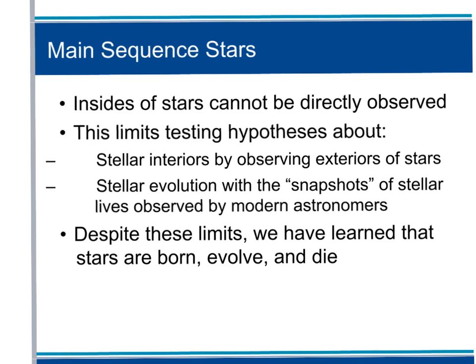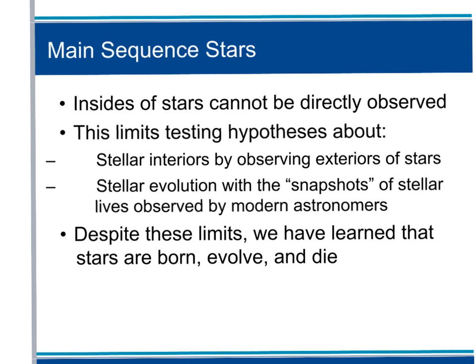So that's where our hypothesis comes in. We've looked at hypotheses in the earlier lectures. In understanding the interior of stars and that evolution of stars, a lot of hypotheses are made, and then the hypothesis has to be tested. But when we're talking about something that we can never actually see the interior of, there's a lot of limits to that testing.